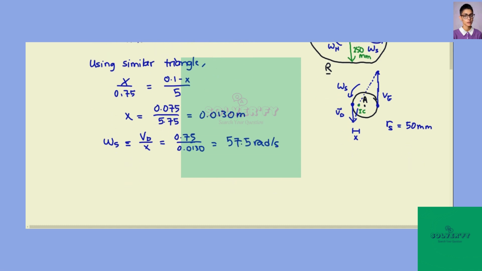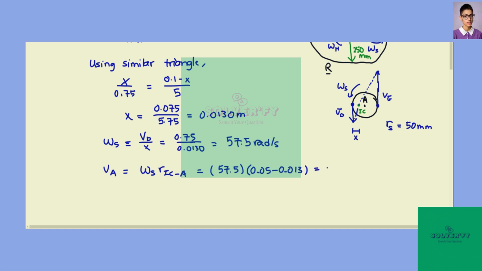Then we can calculate VA. VA is omega S times R from the IC to A, because after we find VA, we can calculate omega OA. So this is 57.5 times 0.05 minus 0.013.